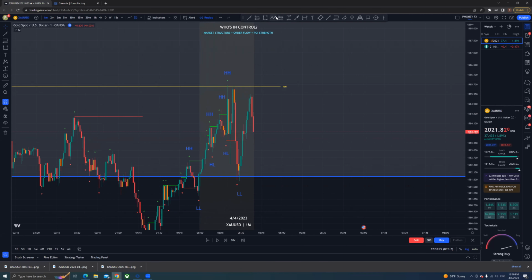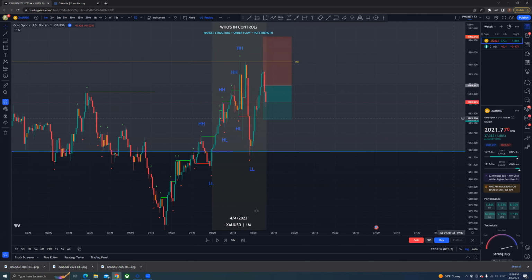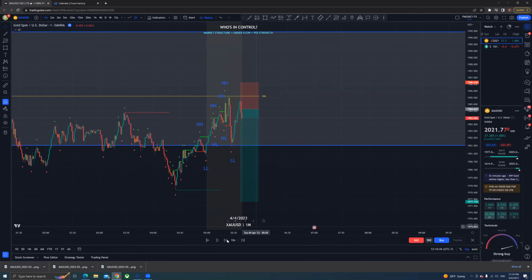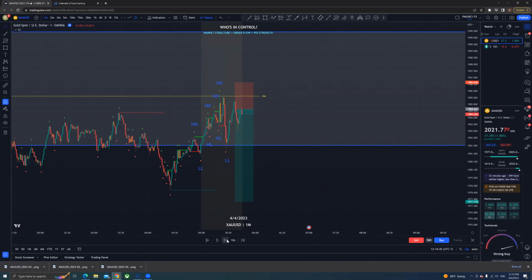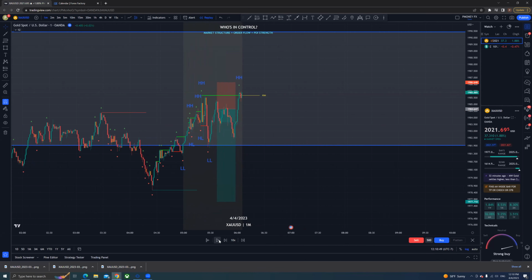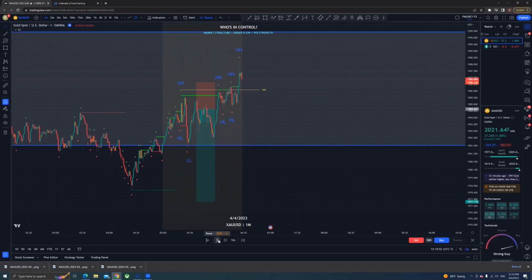So I take my trade somewhere like right here. I think it ended at a 20 pip stop, I believe. So I'll take it somewhere right here. Price takes me out.